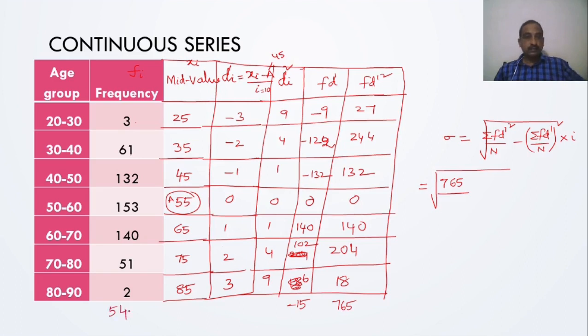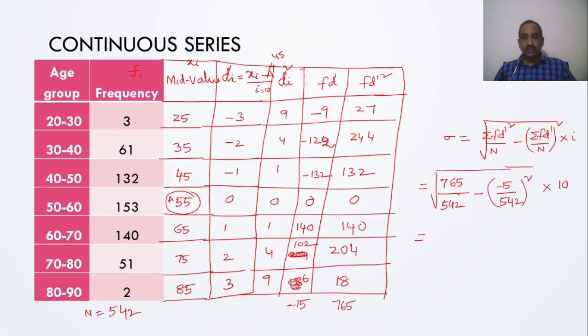So this is nothing but the n value. So the formula is the square root of 765 by 542 minus summation fd dash, minus 15 by 542, whole square, into the i value, 10.